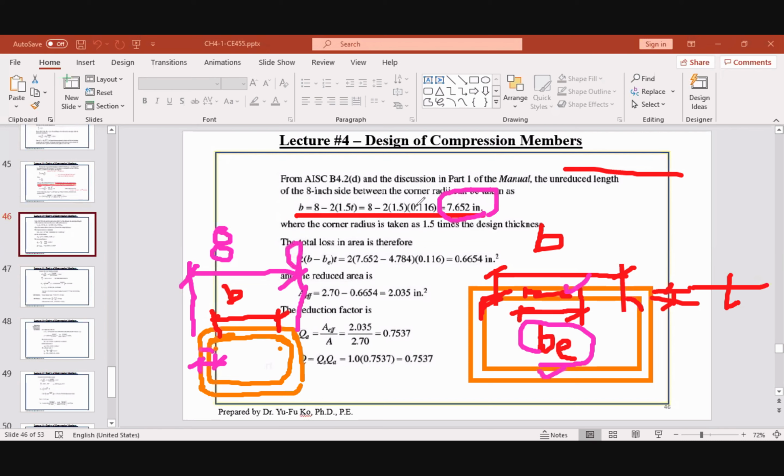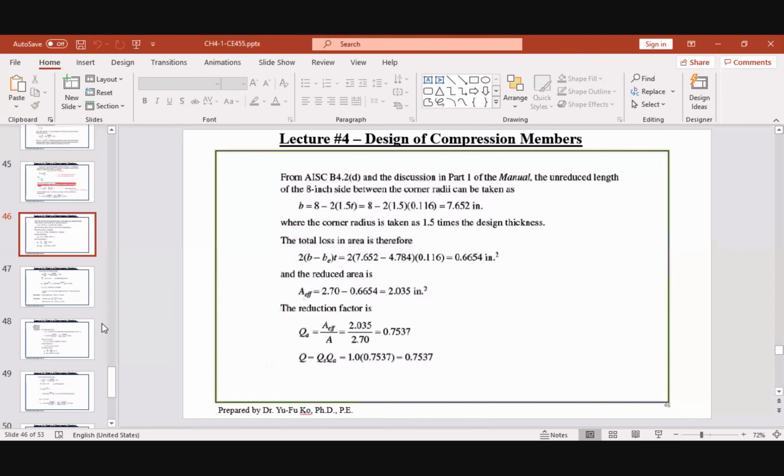Got it. Thank you. Then what are the other questions? Yes, did we ever solve for the design and allowable strength? Because that's what the book did. What's design allowable? Yes, that's in here.